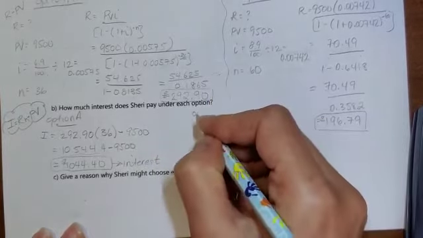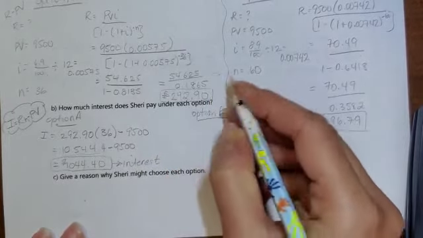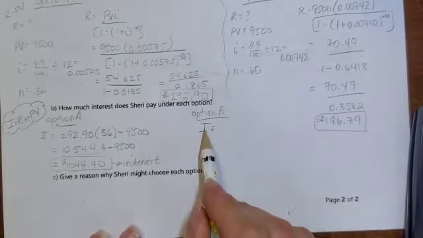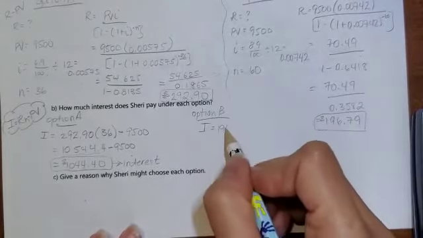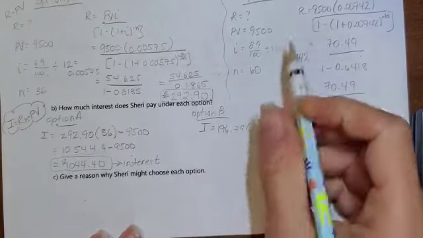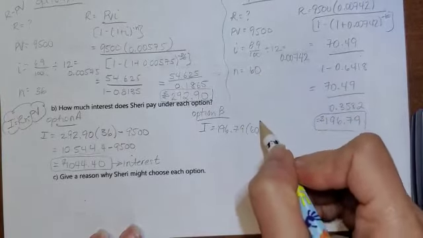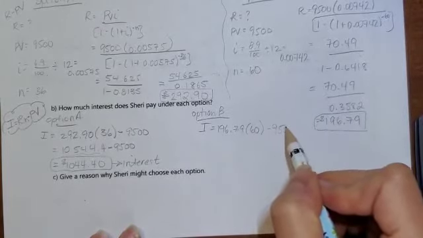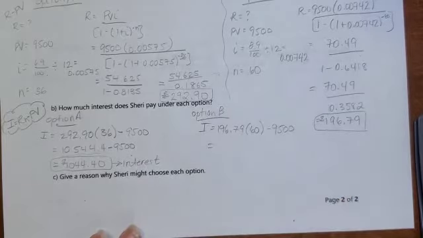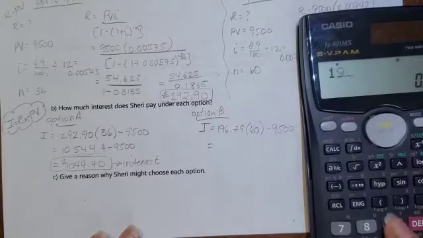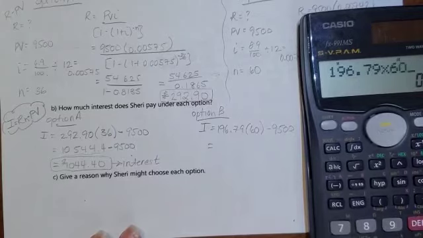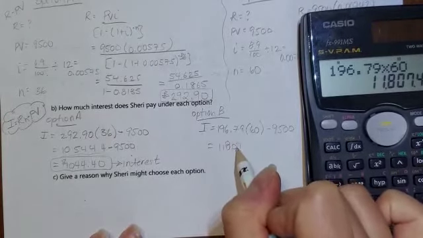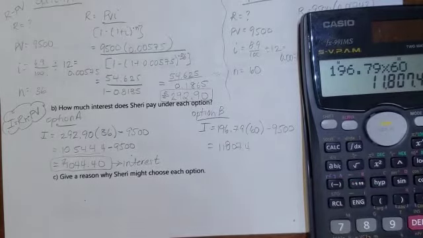If we calculate for option B, so our monthly payment for option B is $196.79. In this question, we have 60 payments subtracted by our original amount borrowed. So 196.79 times 60 is $11,807.40.